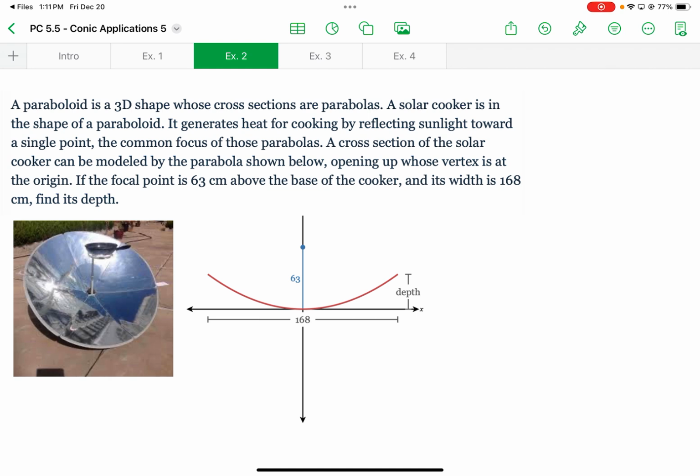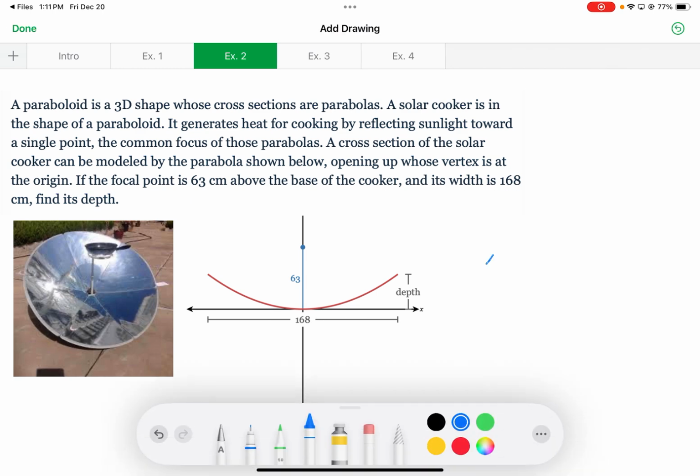It says the cross section of the solar cooker can be modeled by the parabola shown below. This time they've got it opening upward, and they put the vertex at the origin again. So the model for this one would be x squared equals 4ay. It says the focal point is 63 centimeters above the base of the cooker.